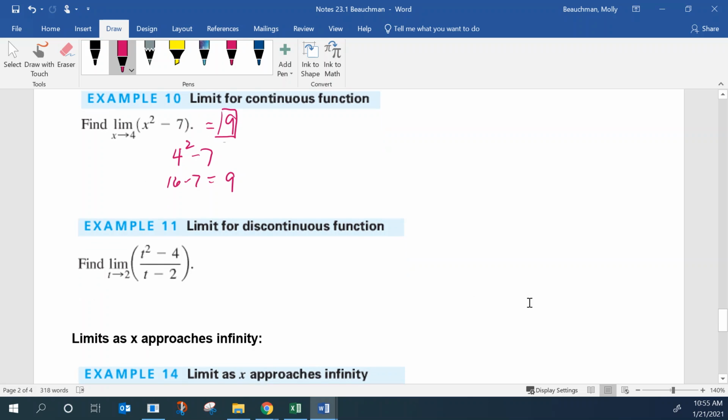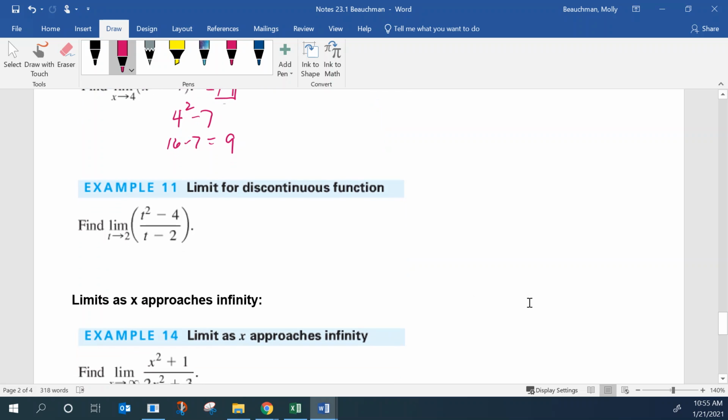The next example, find the limit as t approaches 2 of t squared minus 4 over t minus 2. If we substitute 2, it would give us 0 on the bottom, so we can't substitute directly. So then, try to simplify. Factor the numerator, that's a difference of squares. It becomes t plus 2 times t minus 2 over t minus 2.